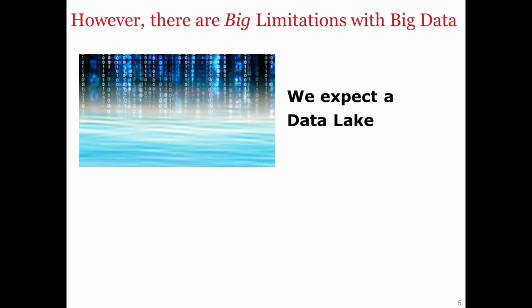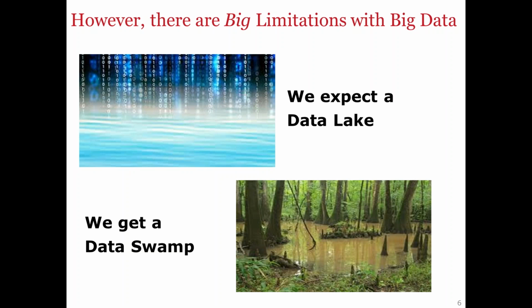Some of the big limitations with big data is that executives expect this beautiful data lake that will provide insights and information on demand that they never had before, and that's of course a reasonable expectation. But in reality, due to many issues with disparate data, we instead start out with a data swamp, because we're dumping all kinds of content into our big data environment.